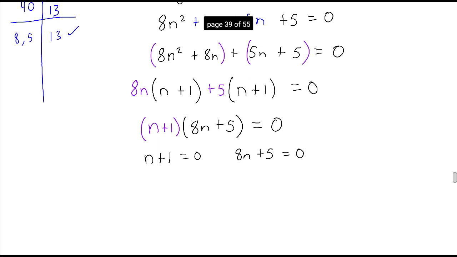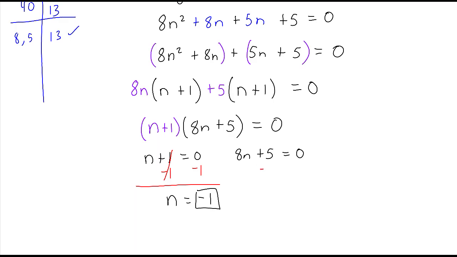n plus 1 equals 0. I'll subtract 1 from both sides to eliminate the constant term. All I'm left with on the left side is n, and 0 minus 1 is negative 1. Then 8n plus 5 equals 0. I'll subtract 5 from both sides to eliminate the constant term 5.